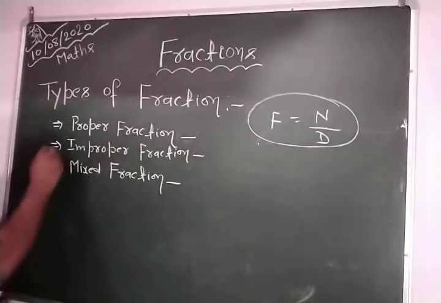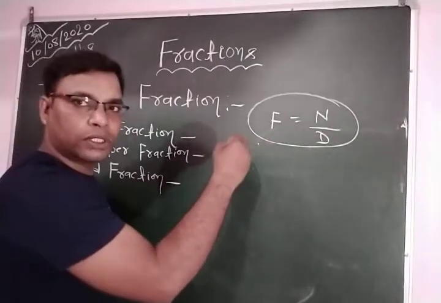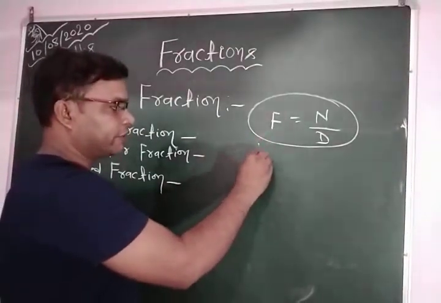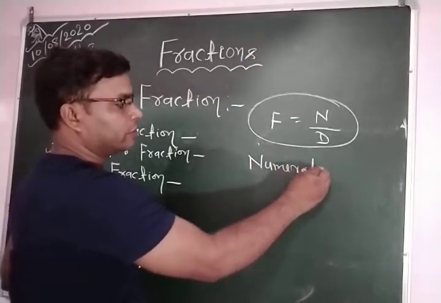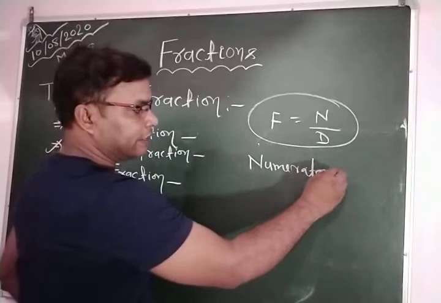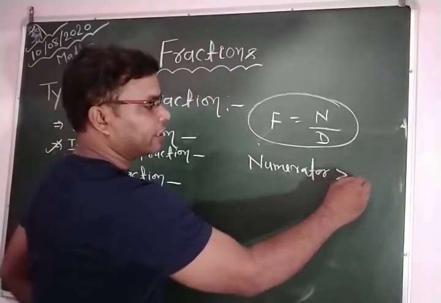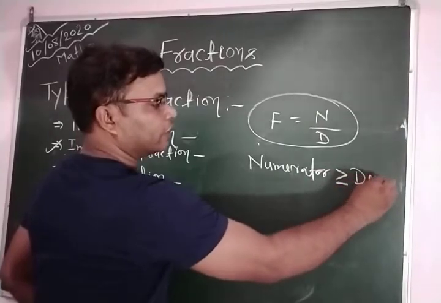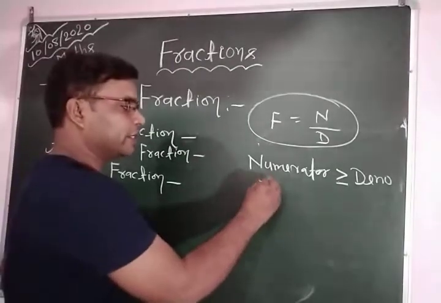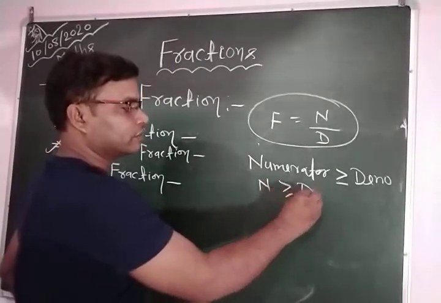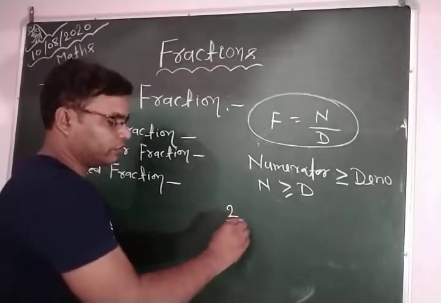This is the numerator of the fraction. The numerator is equal to or greater than its denominator, and that is called an improper fraction.